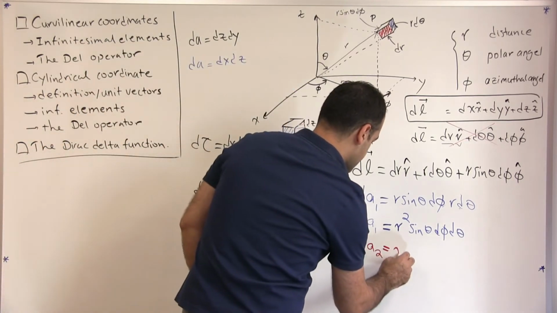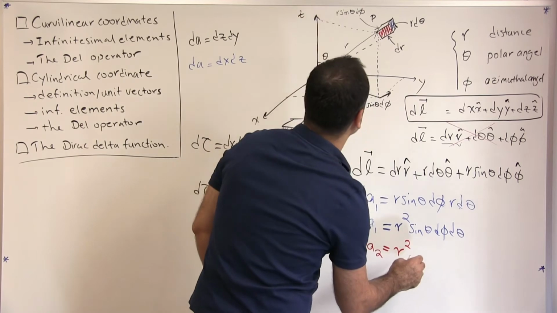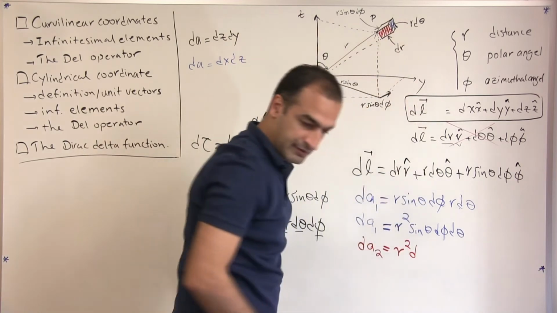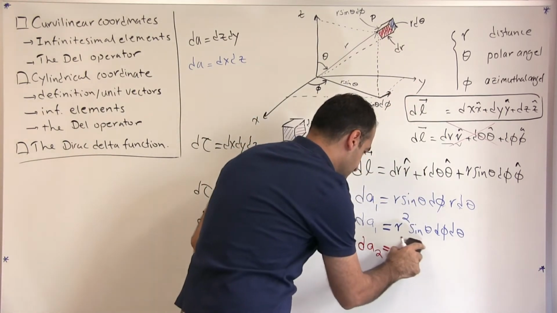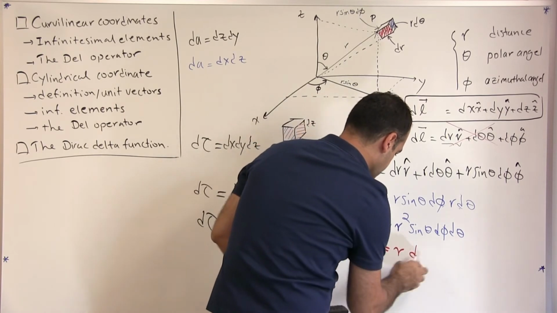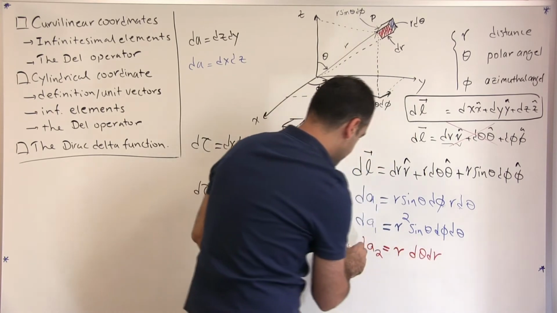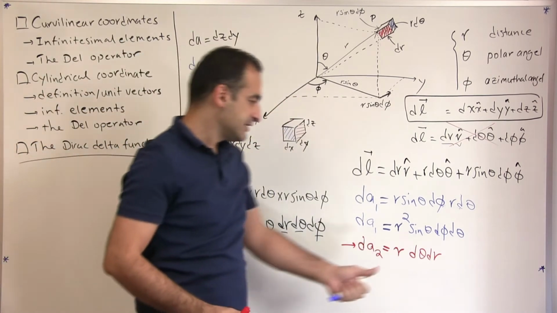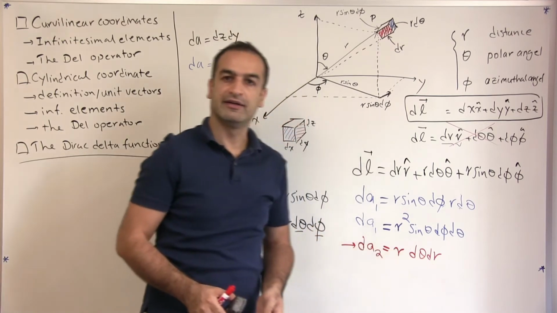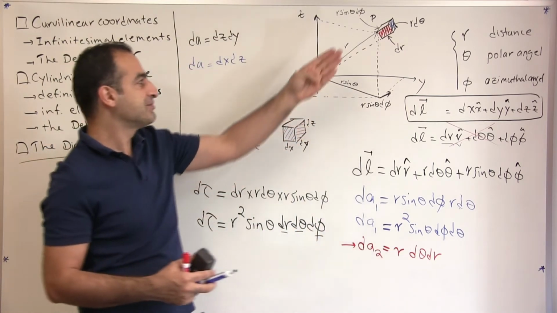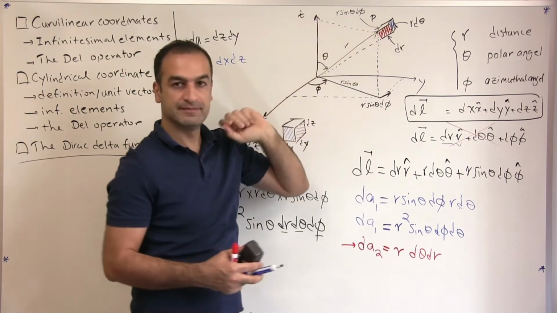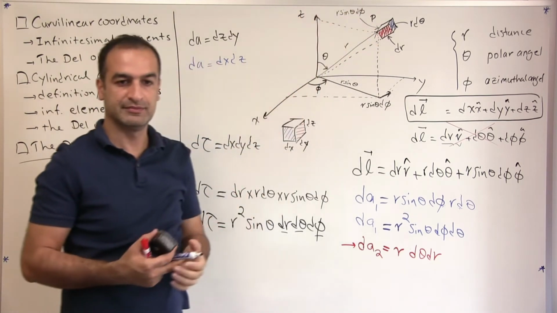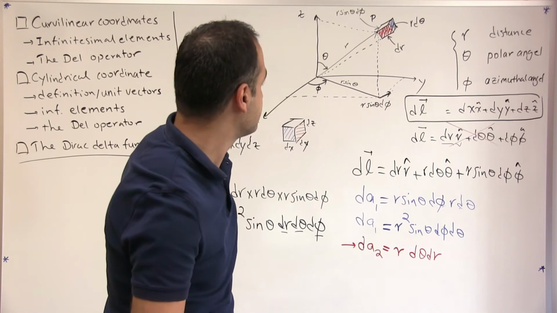So we have r d theta times dr. So this is another area. If you look at this, it only has theta and r. That means phi is constant if we move on this surface, the red one. The phi is constant, but r is changing, theta is changing.